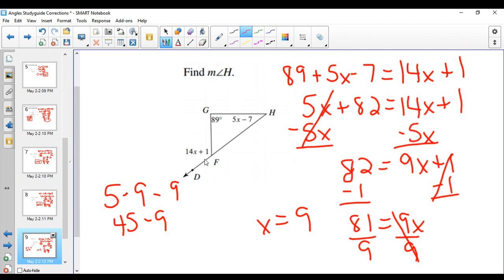This should be, let's erase this right here. Okay, this should be a 7. Sorry about that. So then we have 45 minus 7, which gives us 38 degrees. Okay, and again, we always want to look at our answers and make sure that size-wise they seem reasonable. So this is definitely an acute angle, so 38 degrees seems to make sense.